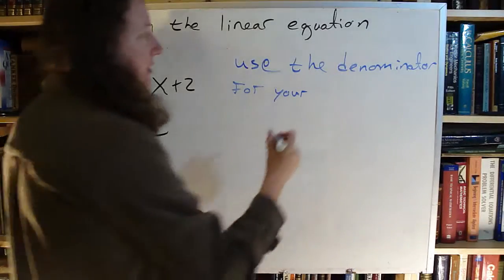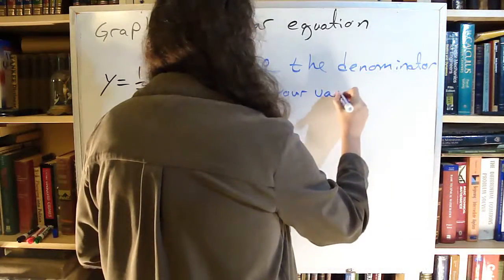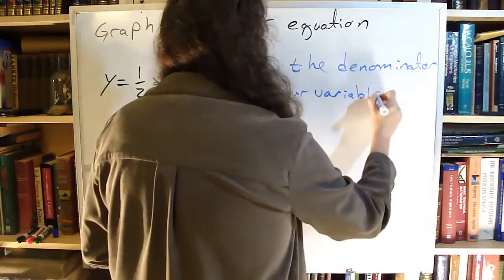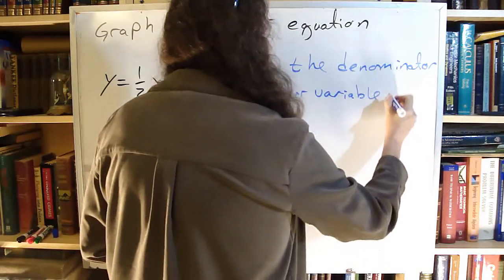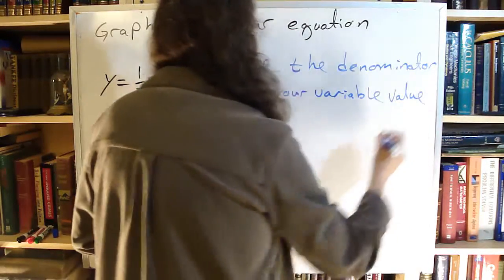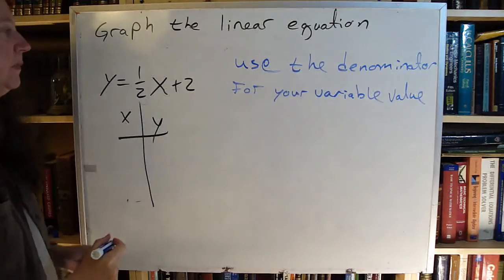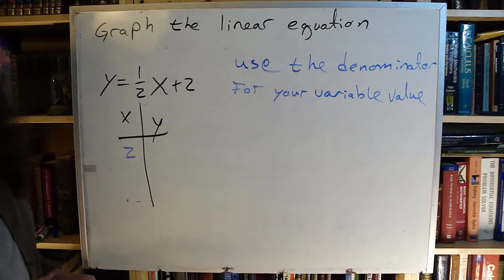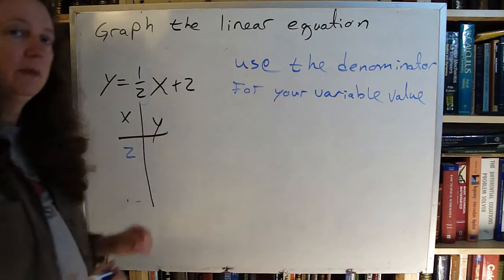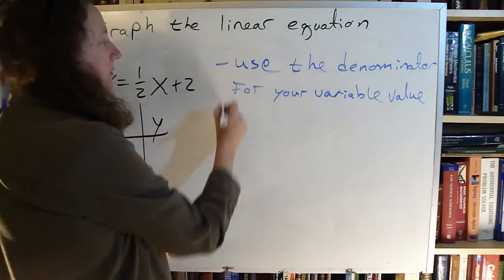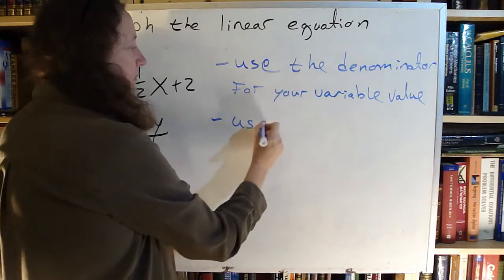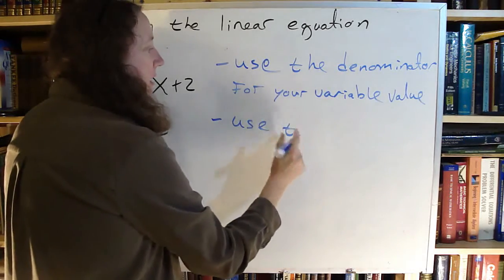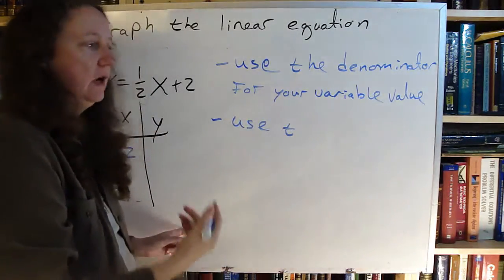So I'm going to write down the variable. So that's giving me one of the numbers. Another number you want to use is the opposite, the negative of that denominator.